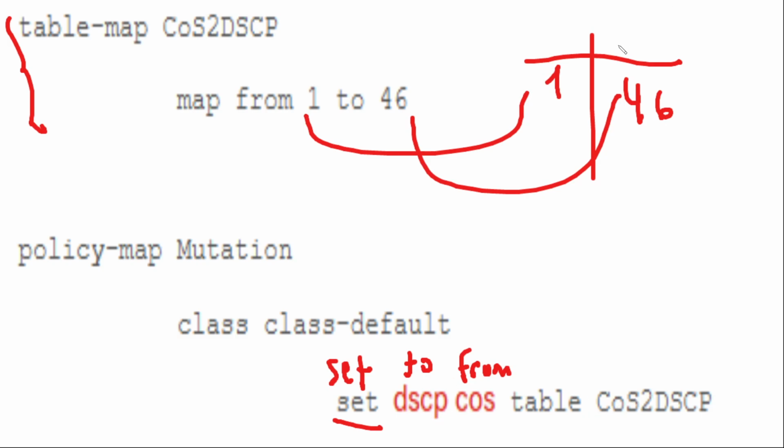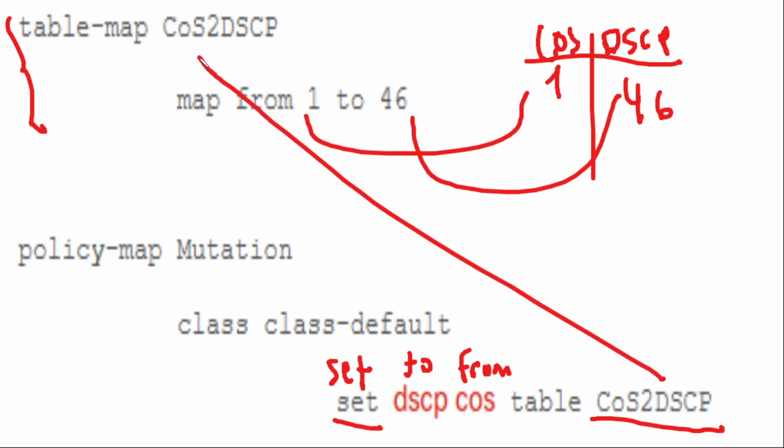So in this case, DSCP is the to value and QoS is the from value. And we are using this table map here. Notice that this command can only be applied within the class default class map. It's only available in the class default class map. And of course, you have to include it in a policy map.